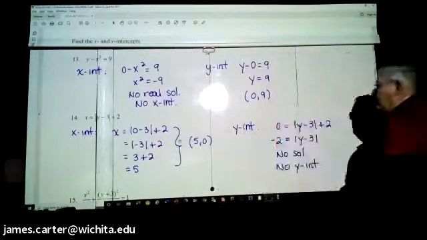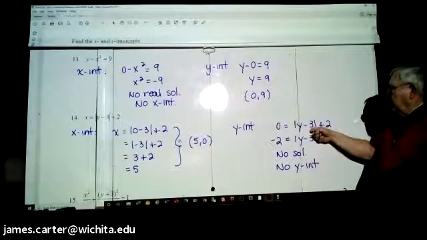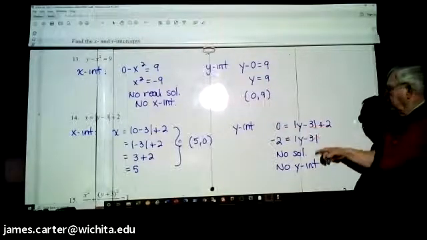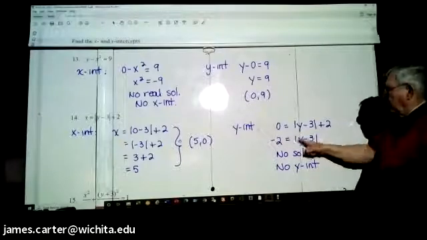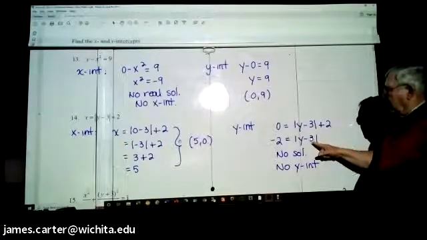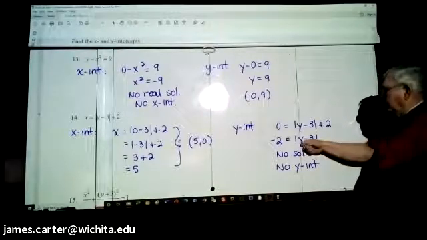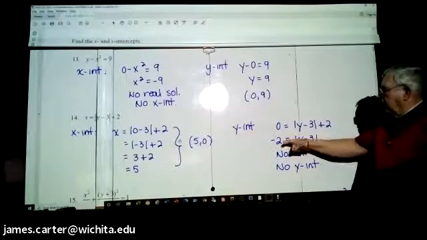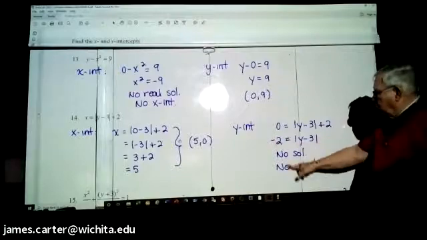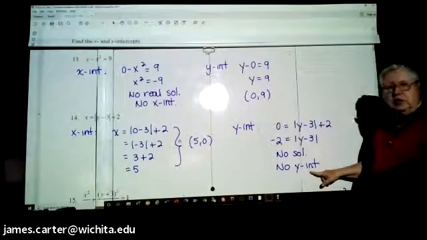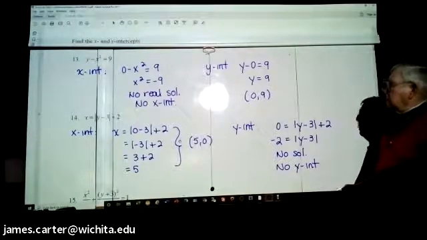Okay, for the y-intercept, we replace x with 0. Here we move the 2 to the other side. When we remove the absolute values, we have plus or minus, but it's impossible to have an absolute value come out a negative value. So that's why we just say no solution on this one.